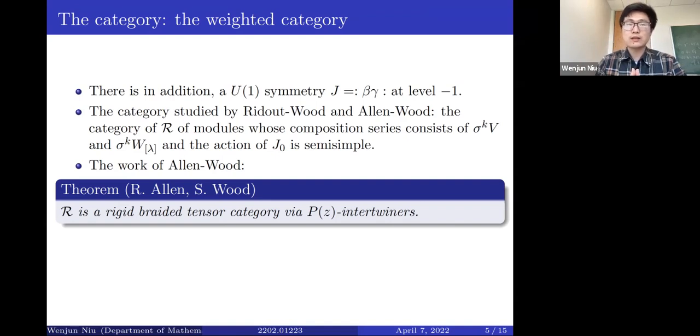Recall that I said that we were really looking for the category of line operators in this topological twisted three-dimensional theory. Our category should be a braided tensor category.